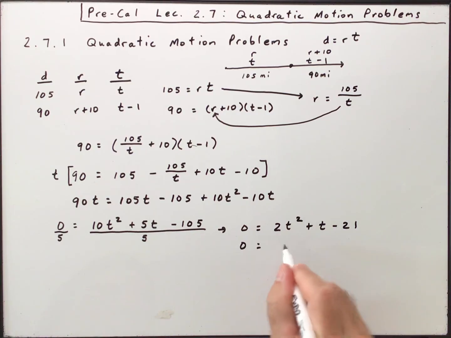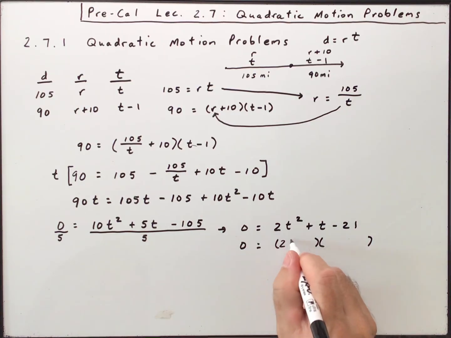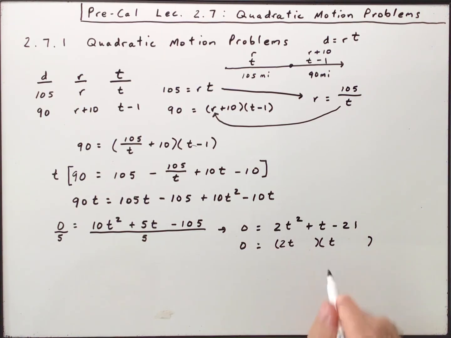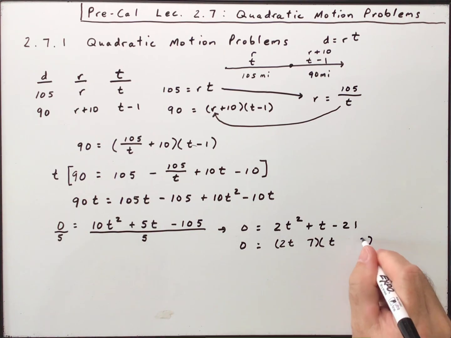Let's see if we can factor that. Because if we can, I don't have to fool with the quadratic formula. So I've got 2t and t. That part's easy. Well, with 21, we've got 21 and 1 and 7 times 3 as our factors. So I'm thinking 7 times 3 is what I should try.